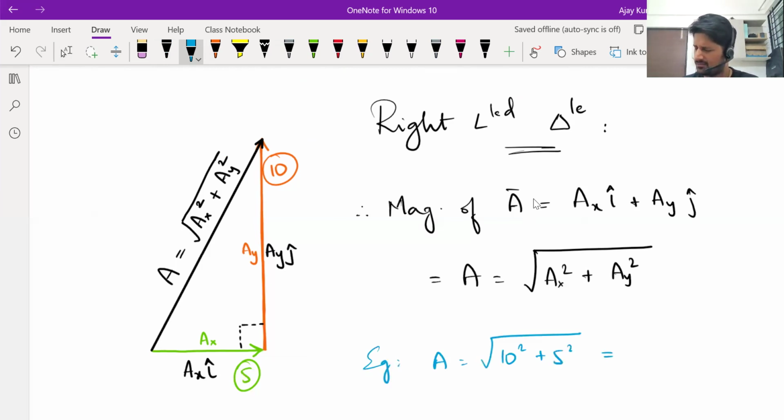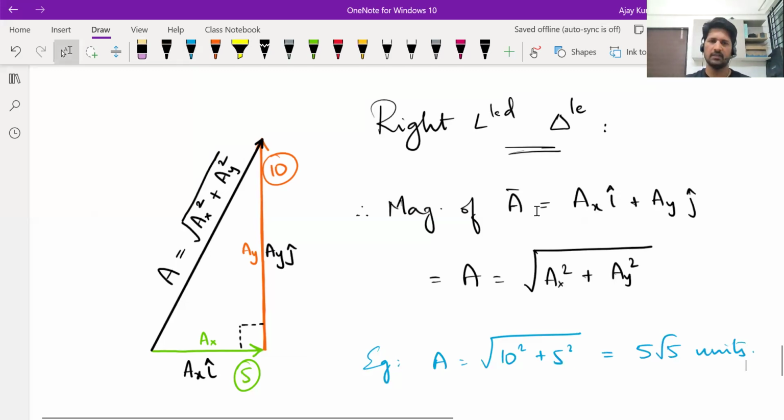That's 25 into 5, so that becomes 5 root 5 units. If you want, you can verify this using a scale also. You draw one line of 5 centimeters, then a perpendicular side of 10 centimeters, then draw the third side and measure its length. You will see that it will be close to 5 root 5. It will be exactly 5 root 5.